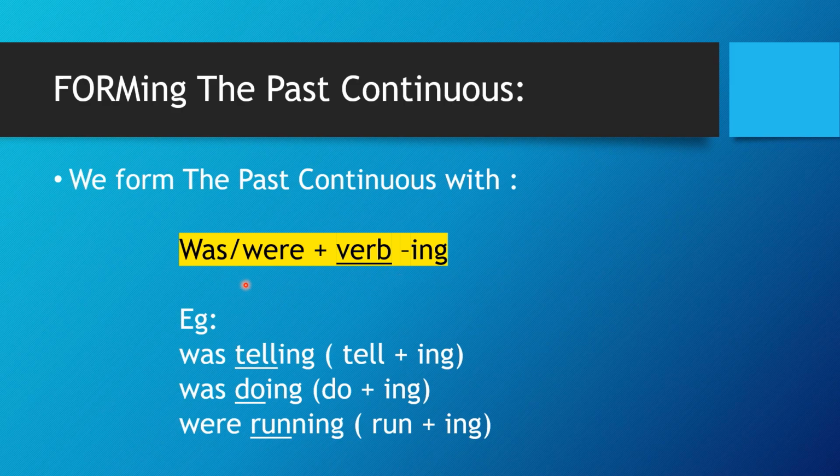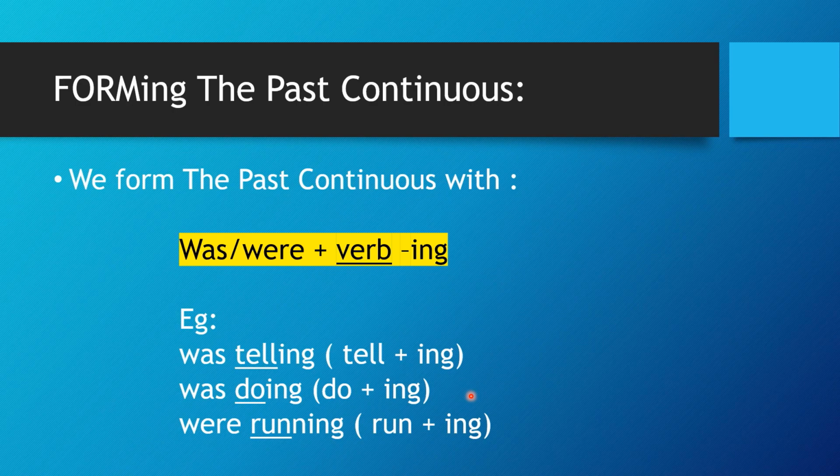We add was or were in front of the infinitive verb and then add ing at the end of the infinitive verb. Okay, for example, was telling. So the infinitive verb is tell, and then we plus ing, and then in front of the verb we add was. Or was doing.